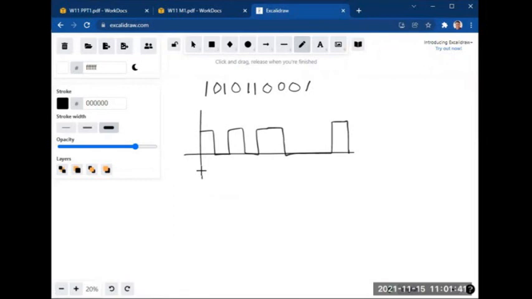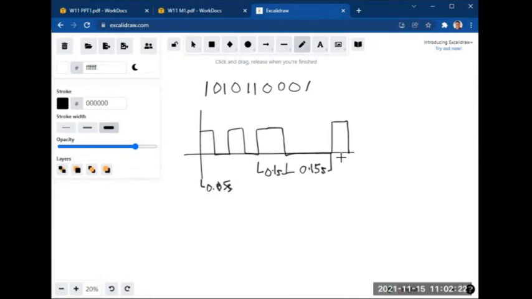For example, every bit will last for, let's say, 0.05 seconds. So if the system counts this as 0.1 seconds, it will know that there are two ones. Counting this one, 0.15 seconds, so that is 0.05 seconds each, it will know that there are three zeros. But that is the ideal situation.